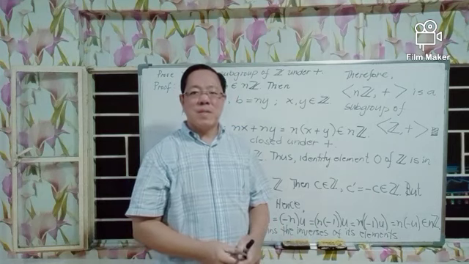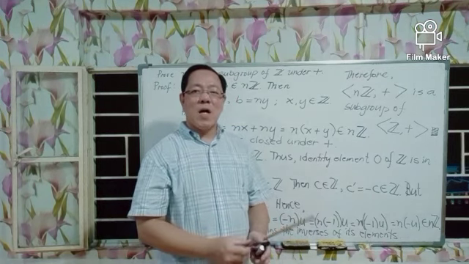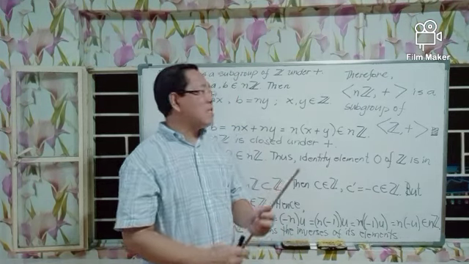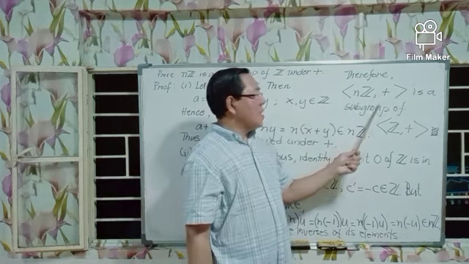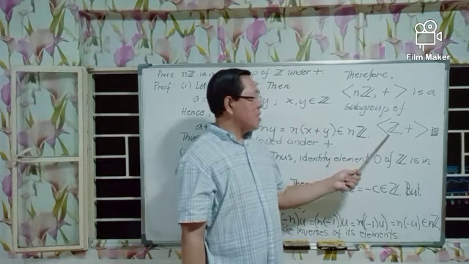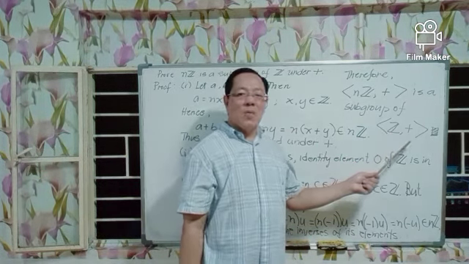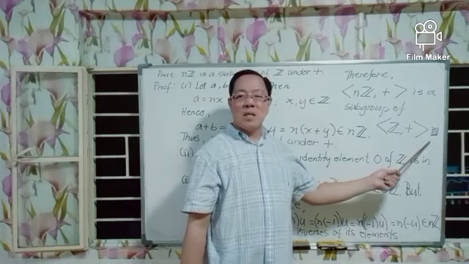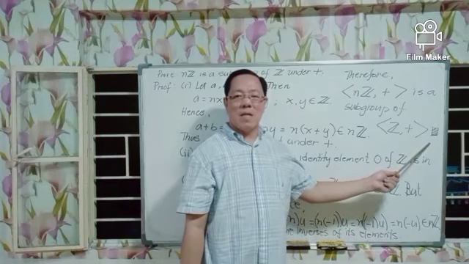We conclude that the set of integers nZ under addition is a subgroup of the set of integers under addition. And we indicate the end of proof by the small shaded rectangle.